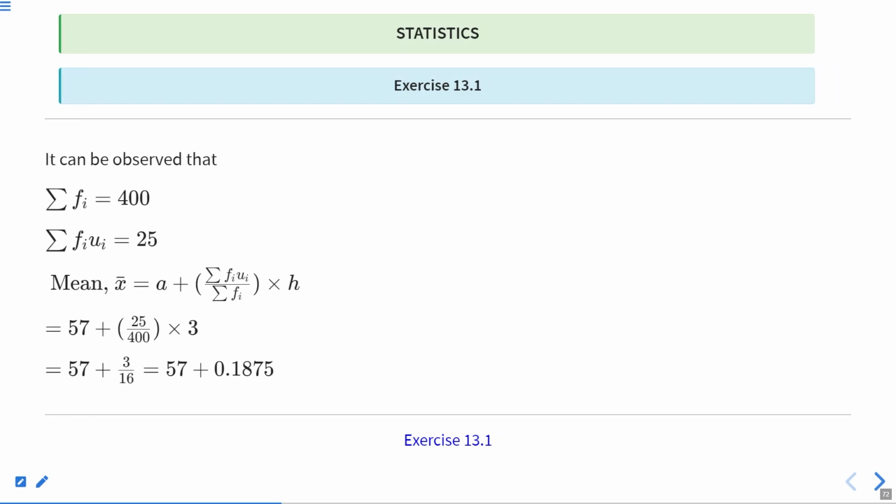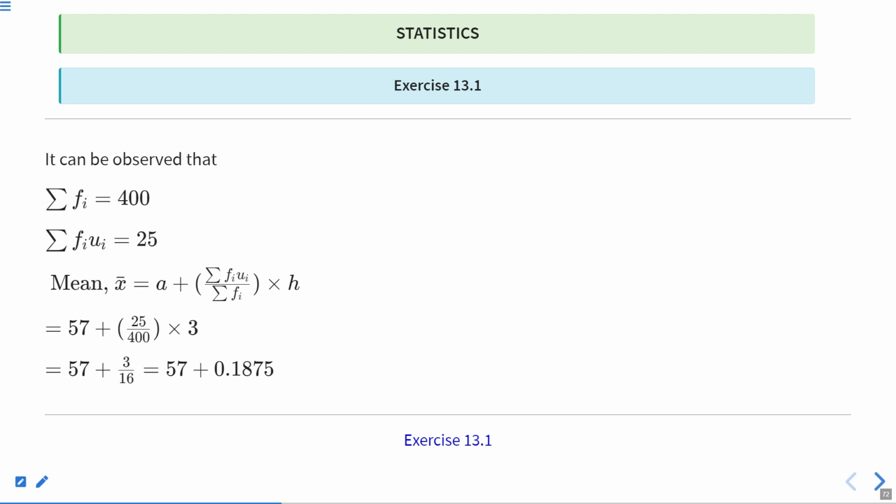It can be observed that summation fi is equal to 400, and summation fi ui is equal to 25. Now the mean x bar is equal to the assumed mean a plus summation fi ui by summation fi times h.